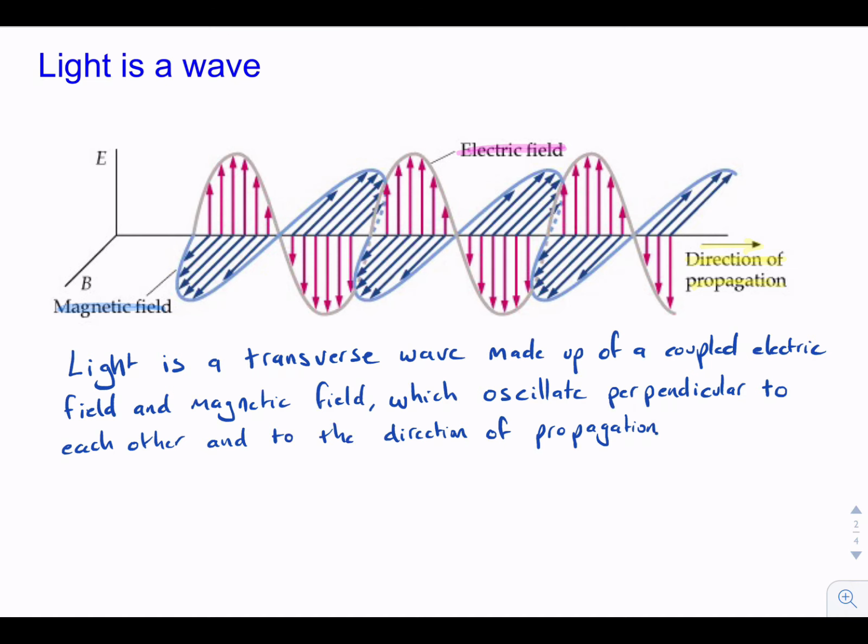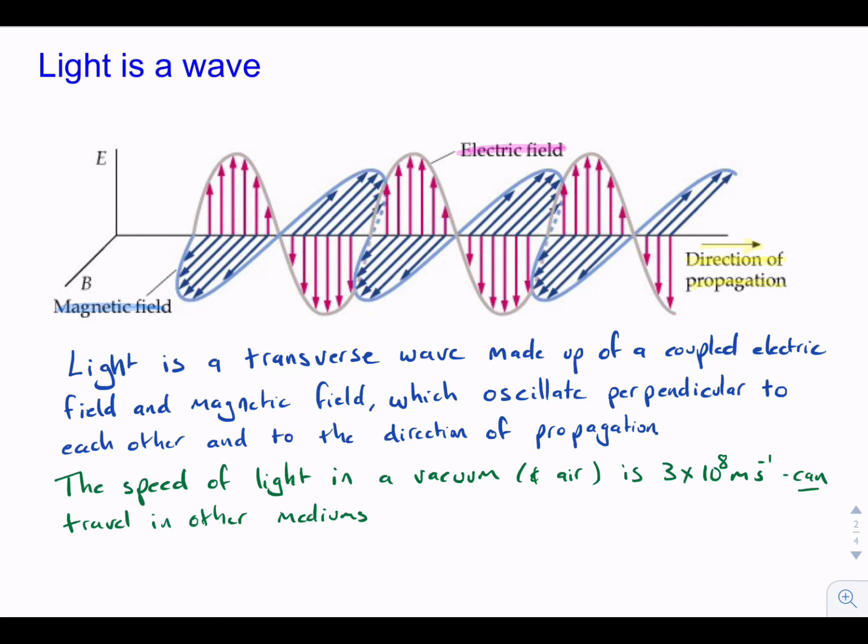The speed of light in a vacuum is often written as c instead of v, and it's 3 by 10 to the 8 meters per second. It can travel in other mediums like water and glass. We know it clearly can go through a window, and as it goes through mediums, it undergoes a change in velocity. Light, like all waves, transports energy.